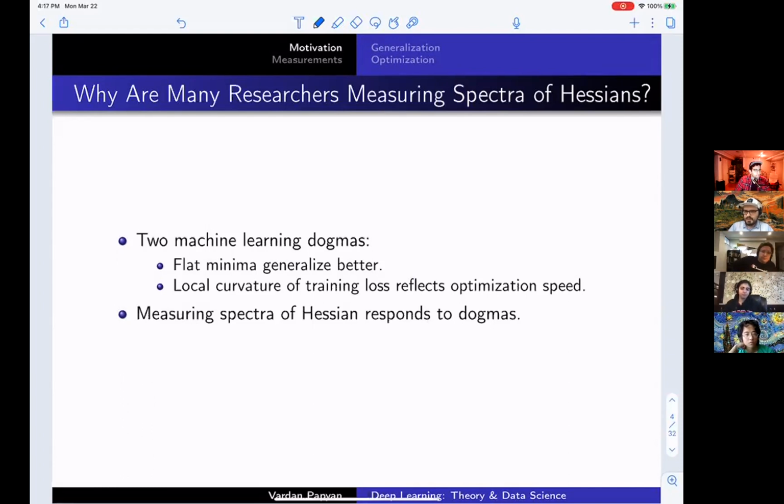The first is that people believe that if your optimization algorithm converges to a certain place in your landscape, so this is like a function of the loss as a function of the parameters. This is a horrible illustration because theta is 20 million parameters, so if you draw 20 million parameters as a one-dimensional line, it's kind of silly, right?